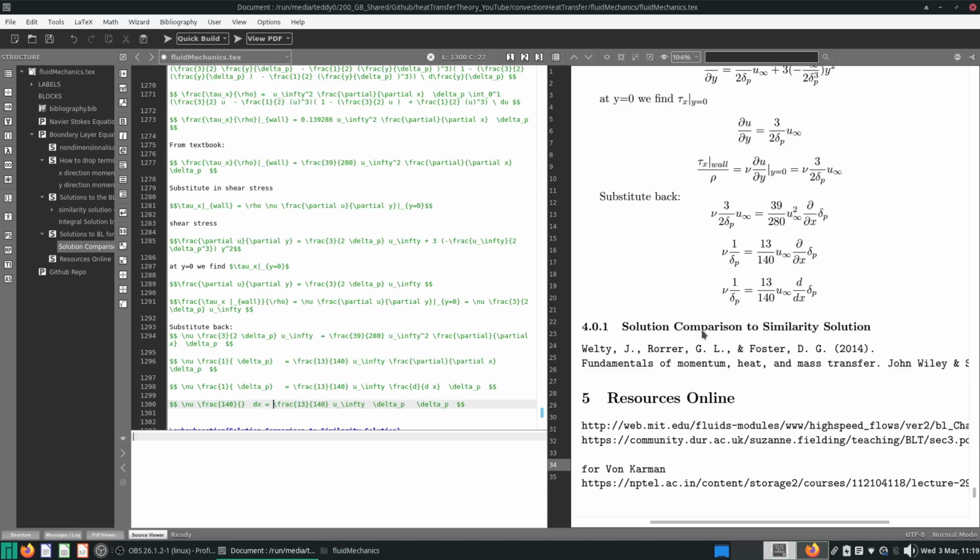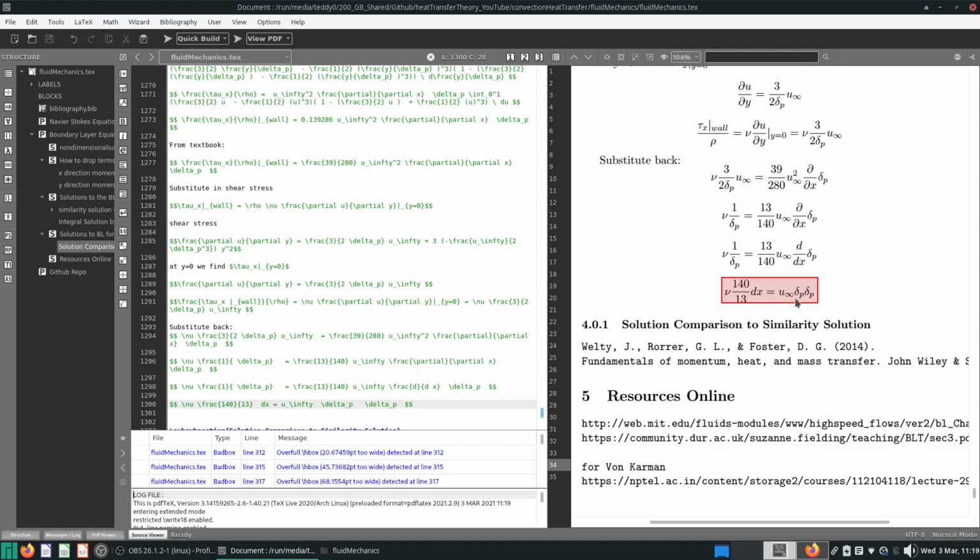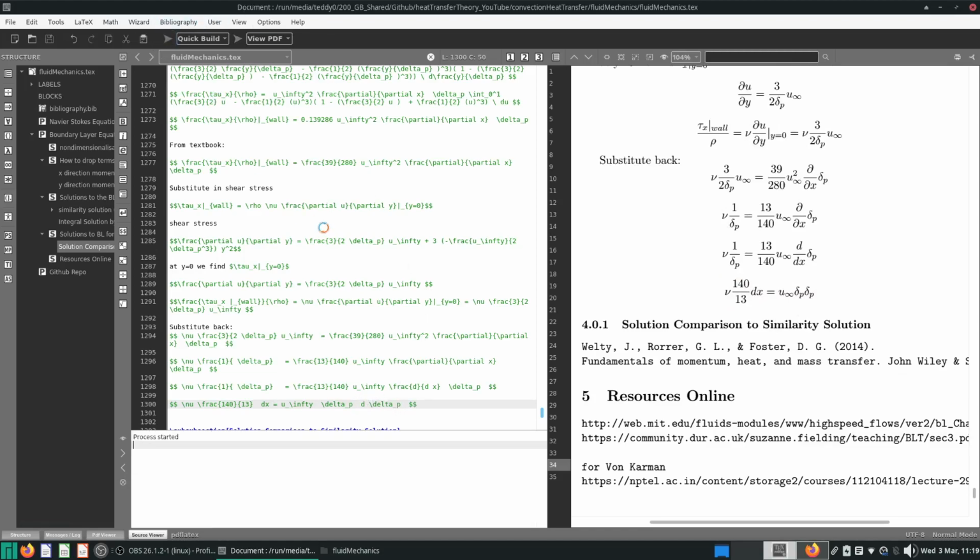And u infinity and all of that can be on either side, doesn't really matter. Okay, so delta P goes to the right, u infinity, I'll just leave it there. Oh yes, I forgot, d delta P, sorry, d delta P.